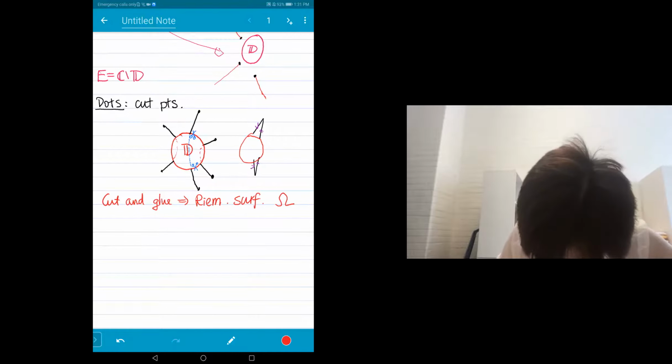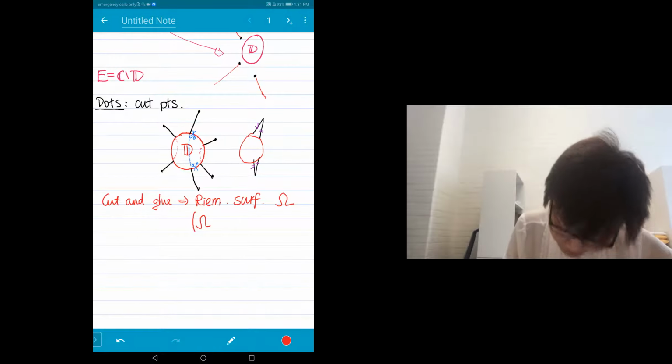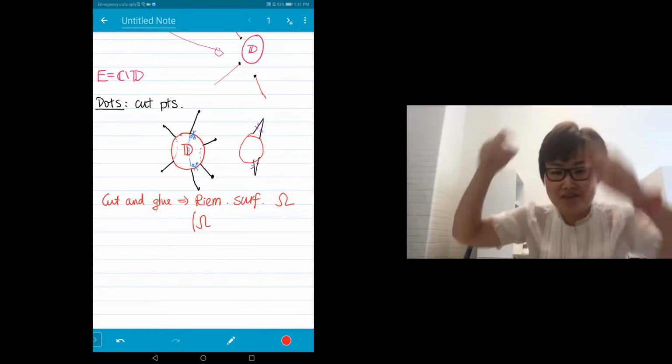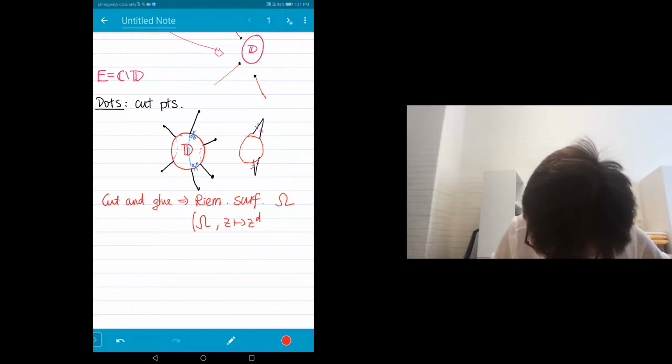which I denote by omega. So omega is topologically also plane minus Cantor set, right? It's basically a Cantor pants, and it's equipped with the dynamics z to the d.